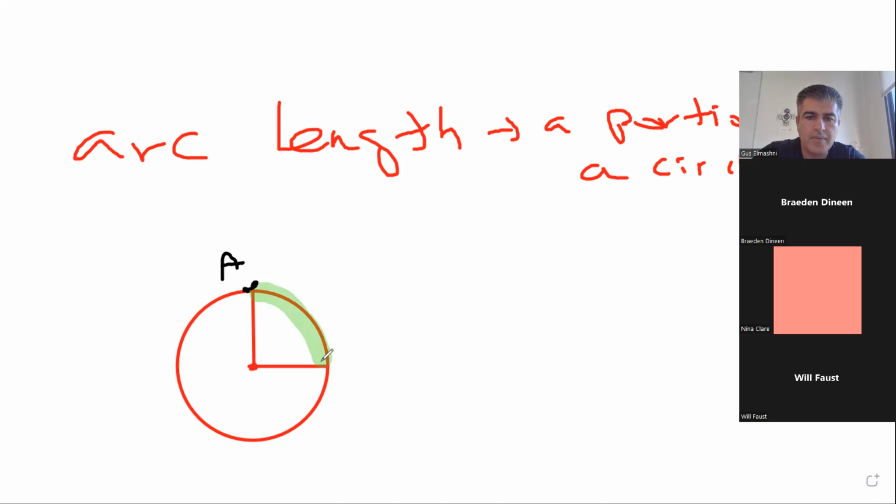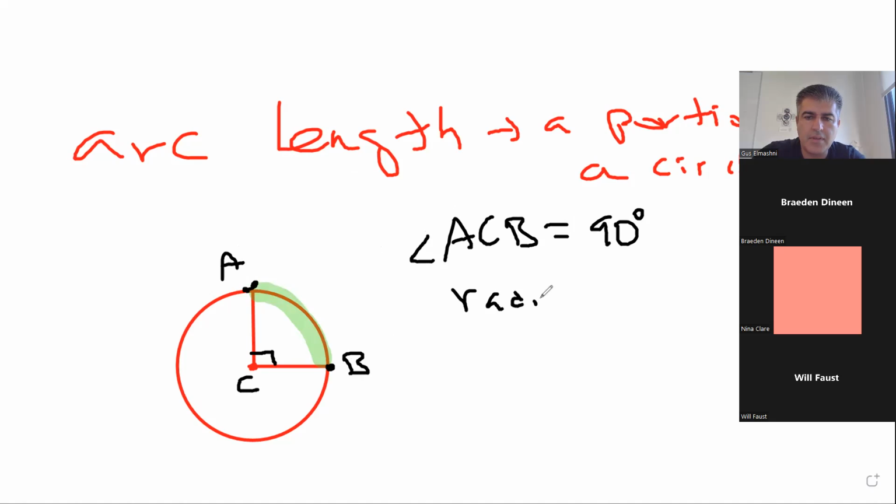Call this A and B. I'll call this C. Say angle ACB is 90 degrees. Okay. So that's a right angle. And say the radius is 2. So it means that's 2 and that's 2, right?